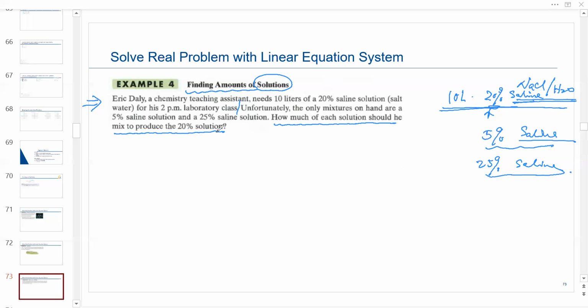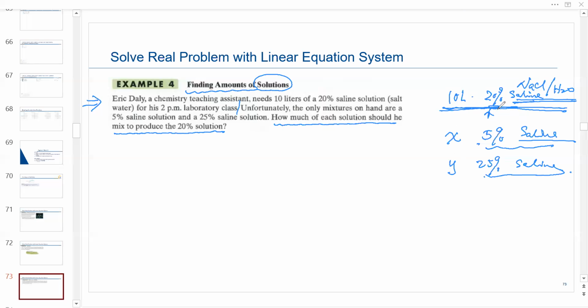So the question is, they need to get this one, right? So right now we want to mix some amounts together to get this one. So we say we take x from here and y over here. So what's the relationship between x and y?